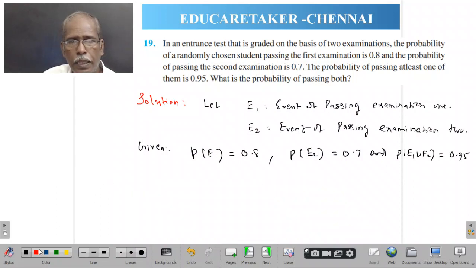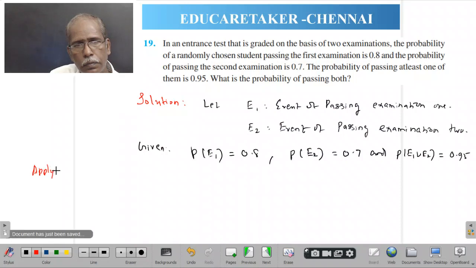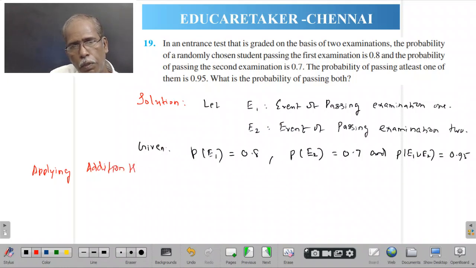Let us apply the addition theorem of probability.